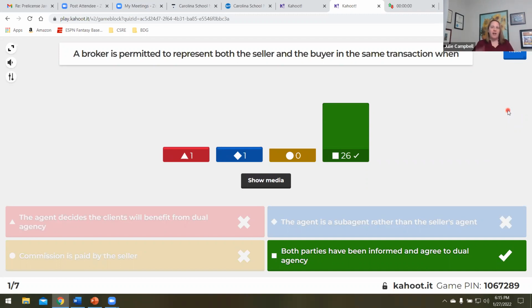If we know nothing else, we have to have informed written consent of both parties. So both parties have to be informed and they have to agree to dual agency. Good job, guys. Any questions on this one?